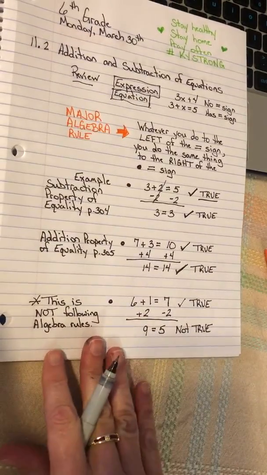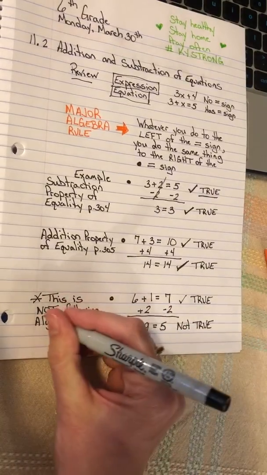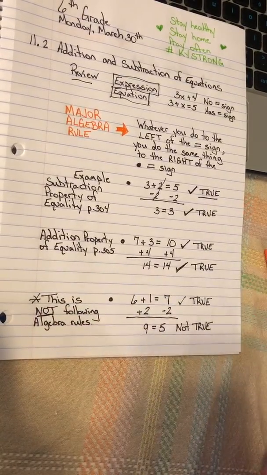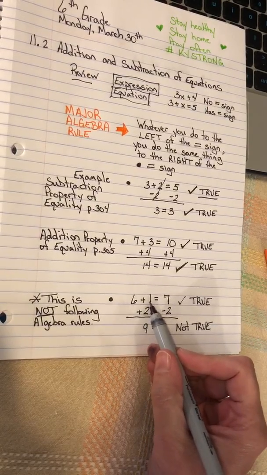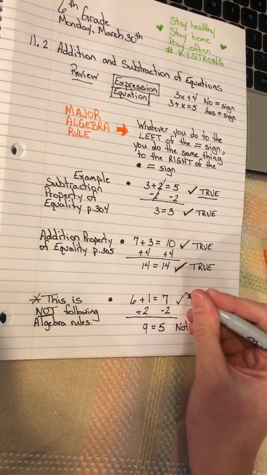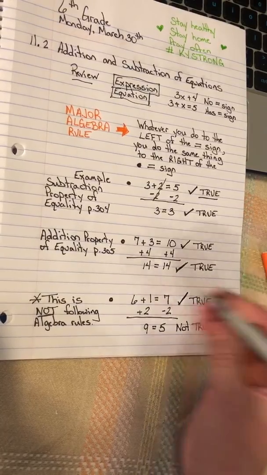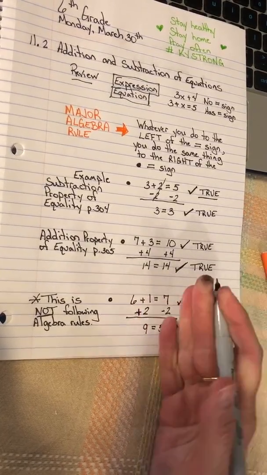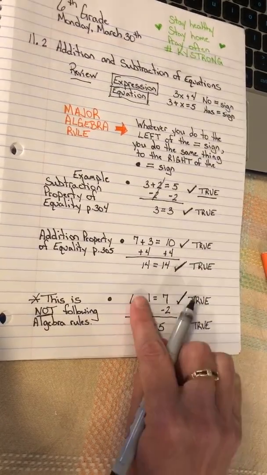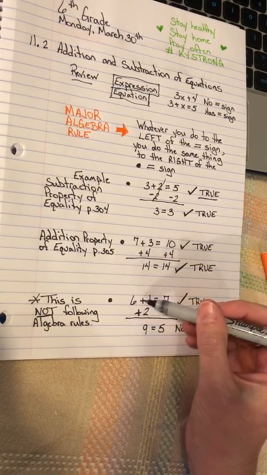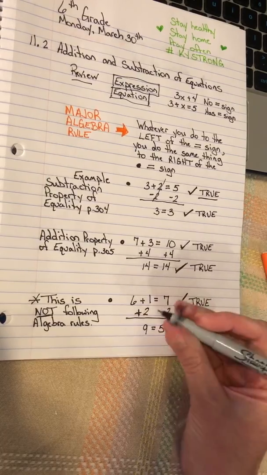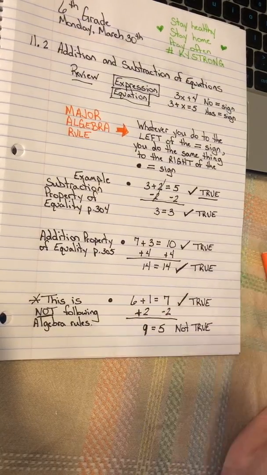Now, let's do an example that does not follow algebra rules. We start with 6 plus 1 equals 7, which is a true statement. This time, I add 2 to the left side of the equal sign and do 6 plus 1 plus 2, which equals 9.